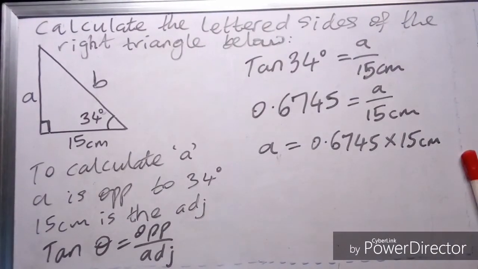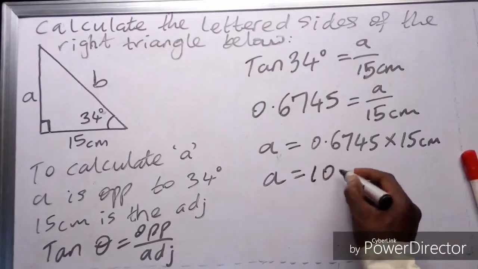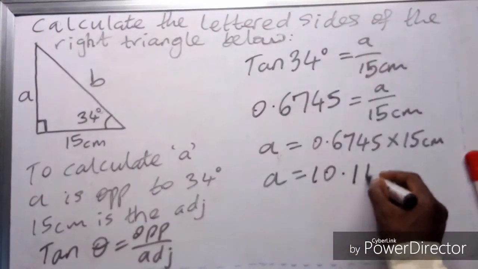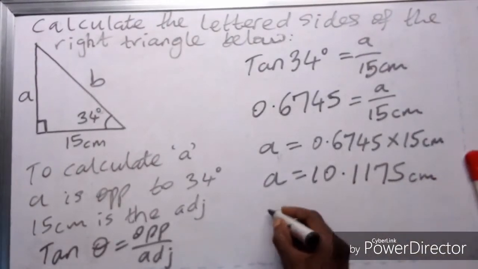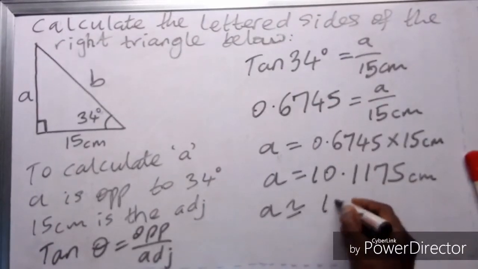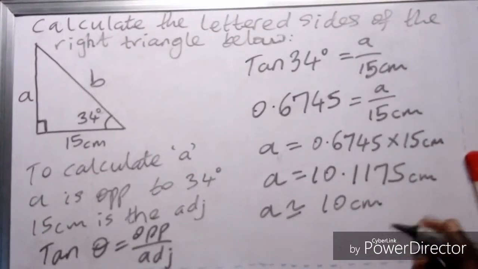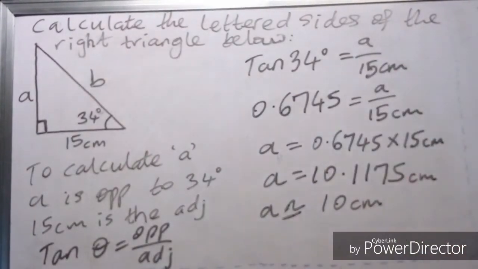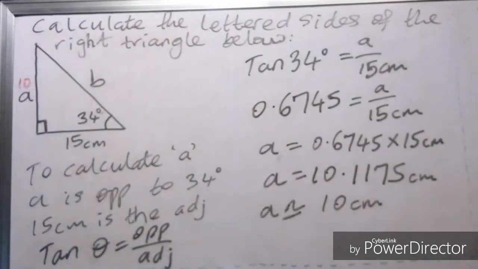When we multiply that, we get A equal to 10.1175 centimeters. Approximating, we have 10 centimeters or 10.1 centimeters. So we have gotten A to be 10 centimeters by our calculation.